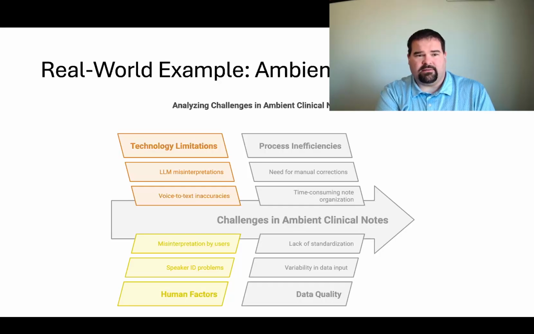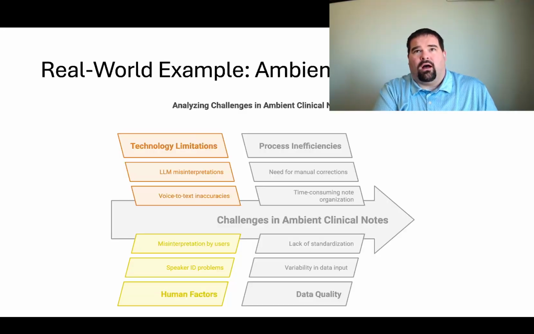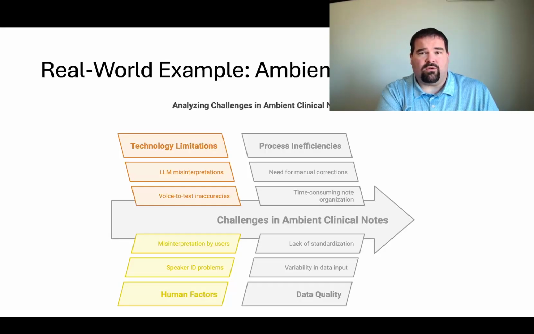Some of the things to be aware of. There are some pretty stark technology limitations today. Audio to text is not perfect. If you want to think that it's perfect, I encourage you to take 3 pages from your favorite book, read it out loud, and run it through any transcription service that you care to name.